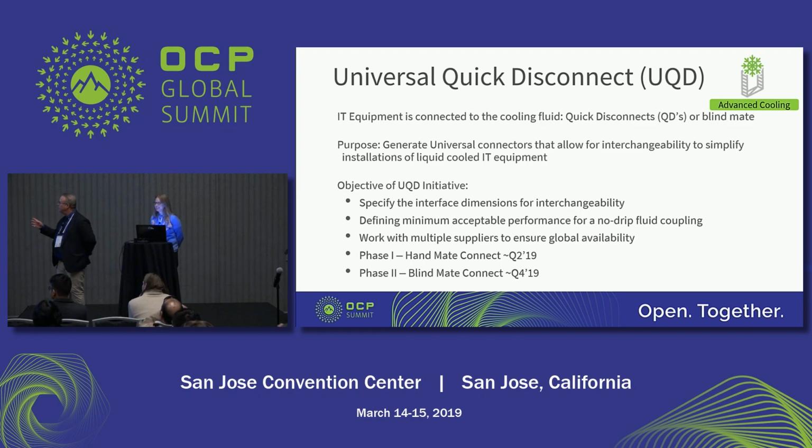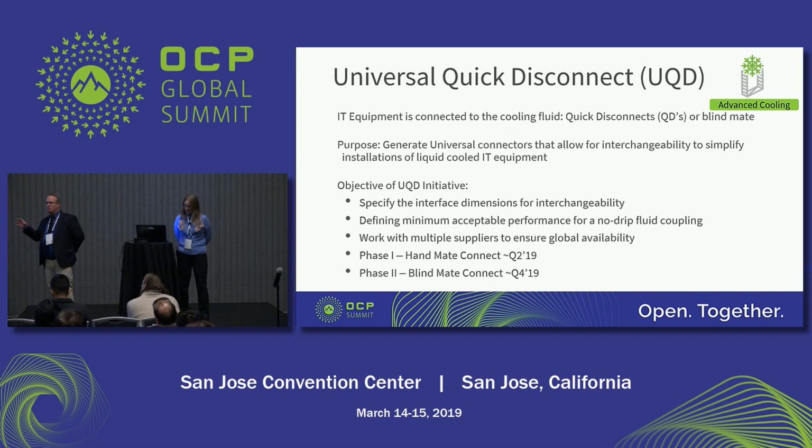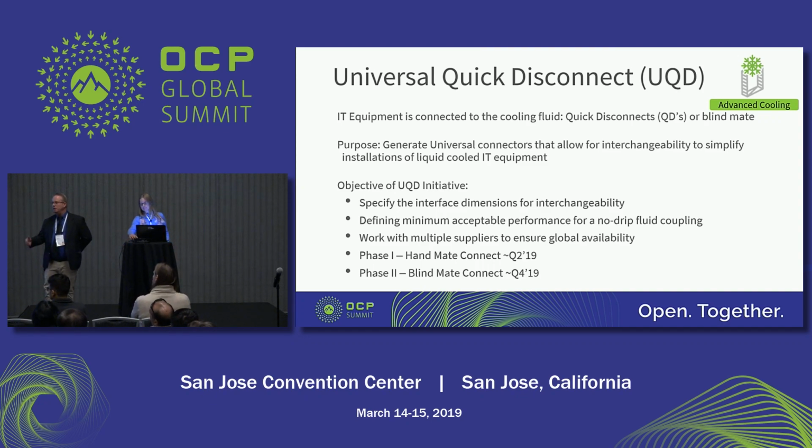What I'm going to talk about is universal quick disconnects. As Jessica said, we have this as part of our initiatives to make things common and compatible in the market and to proliferate this into an ecosystem that's capable of responding to the need when the need arises.